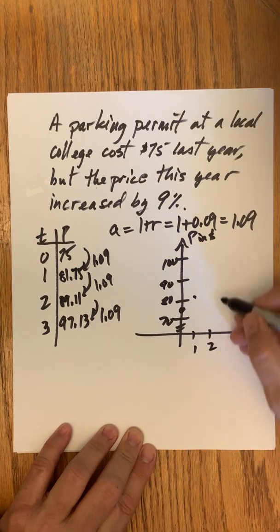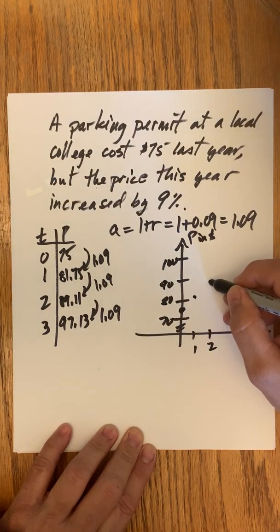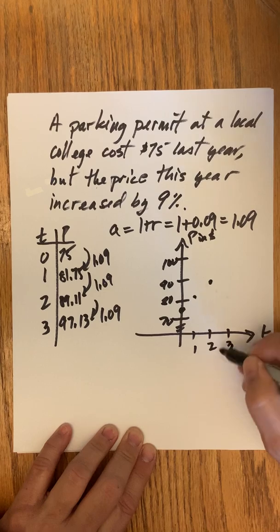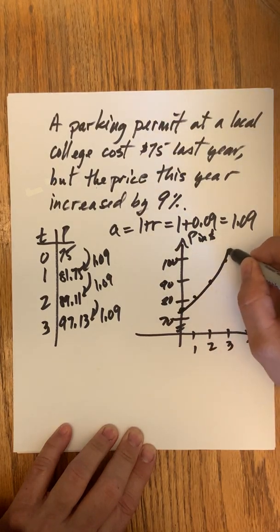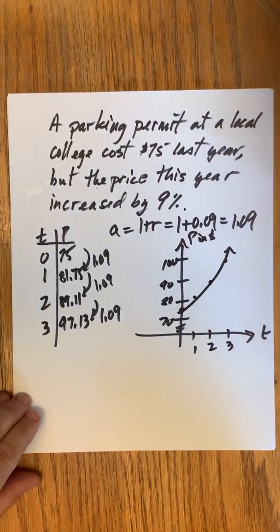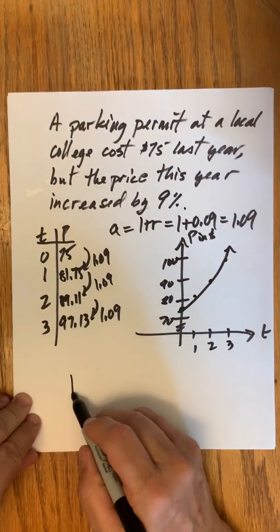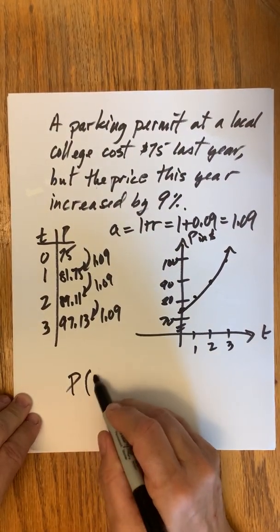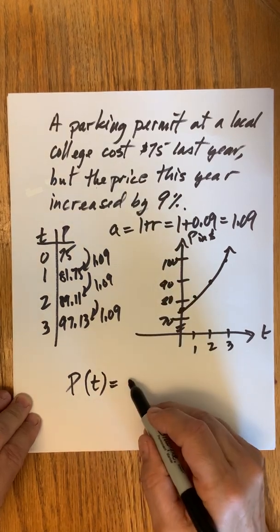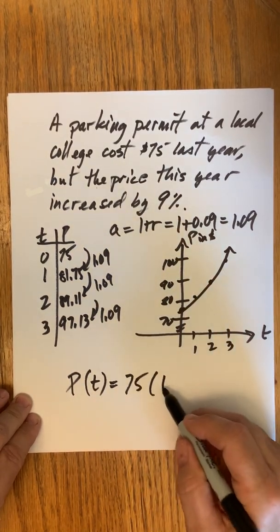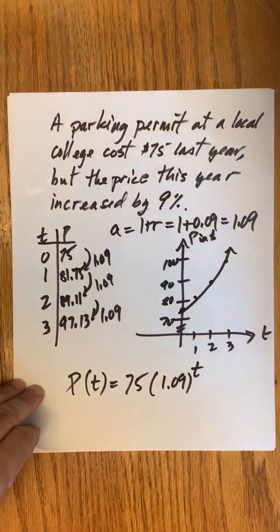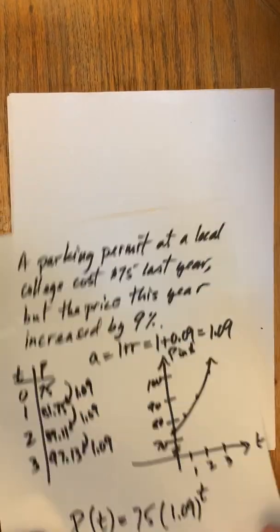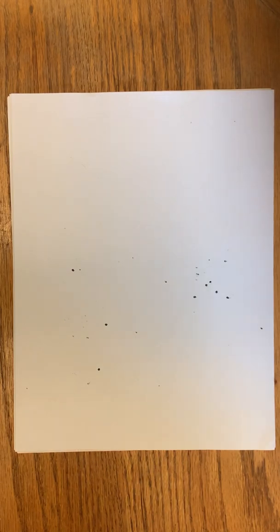At year 2, you're at 89, so almost 90. Year 3, you're at 97, so you're approaching 100. So you're seeing it start to go up like an exponential. And so the parking permit as a function of the years is what you start with, $75 times 1.09 to the t. Okay. And now our last example.